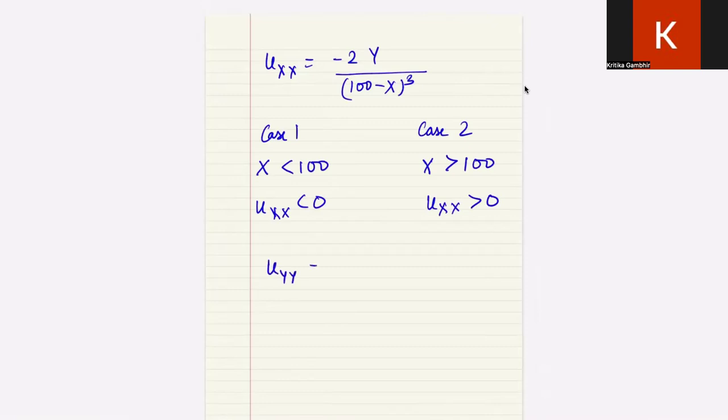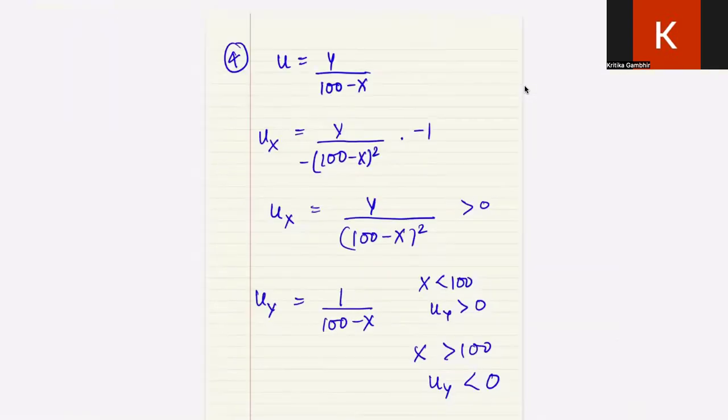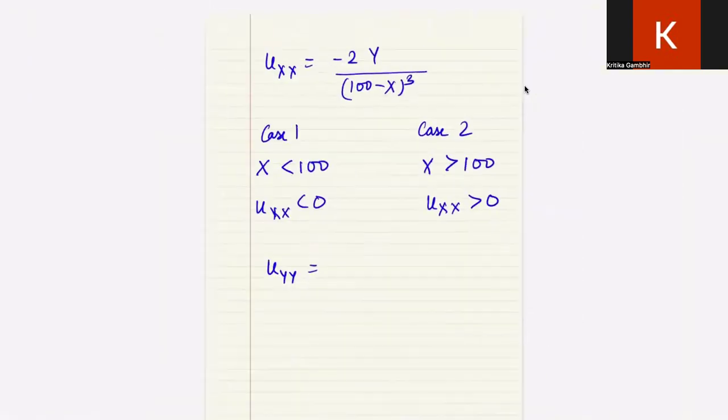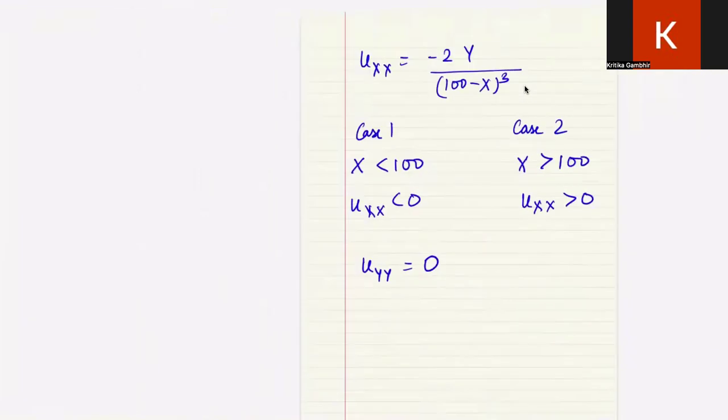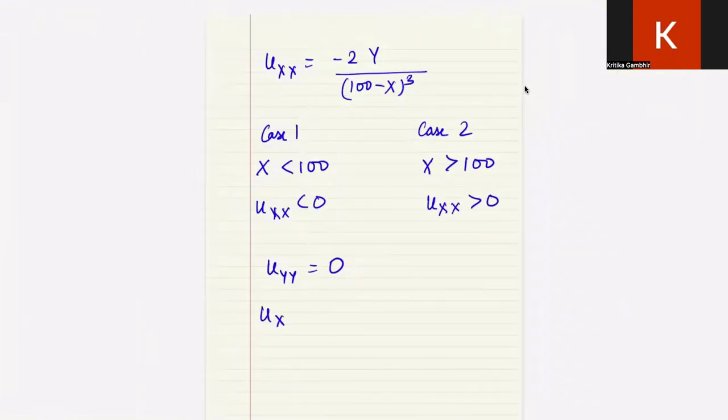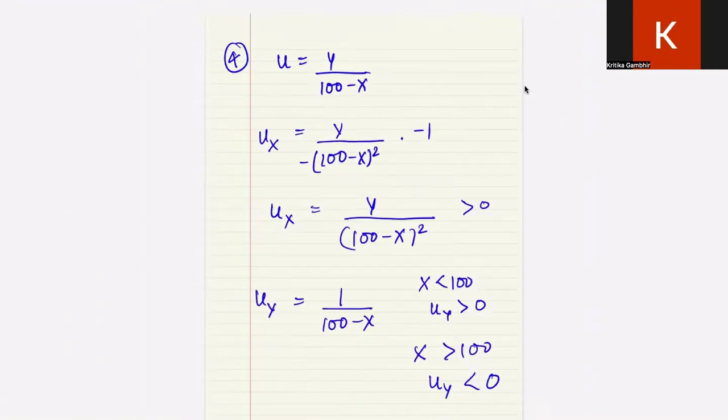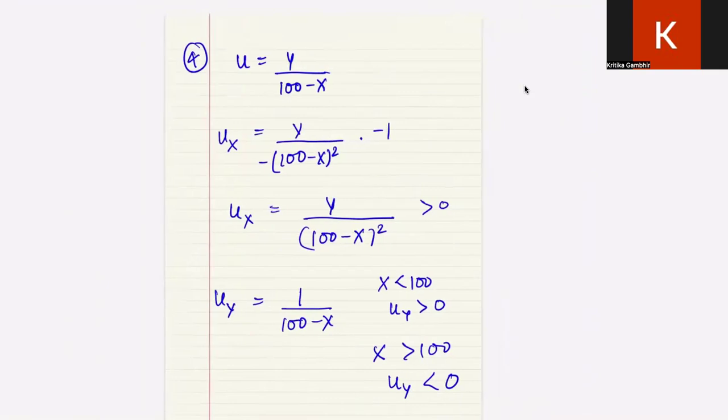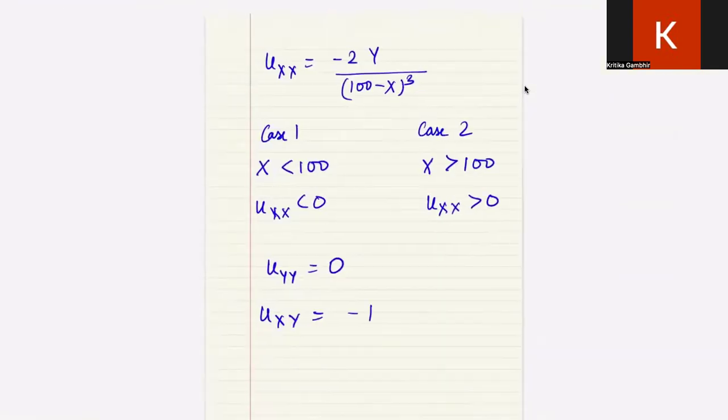Now let's find uyy. You have to differentiate with respect to y. This will come out to be 0. Okay. Now let's find uxy. We have this. Let's differentiate uy with respect to x. This is coming out to be positive in any of the case क्योंकि denominator में हमारा square है.